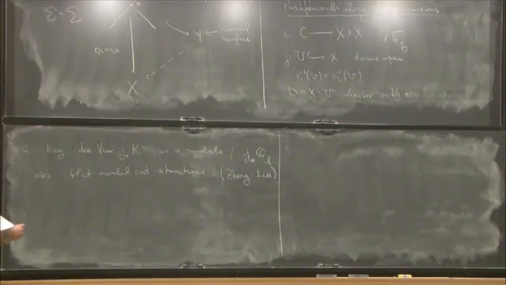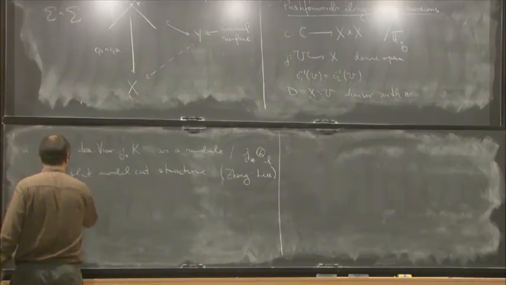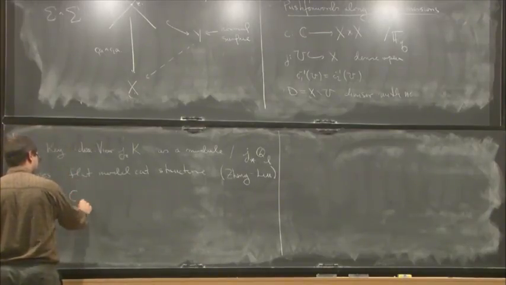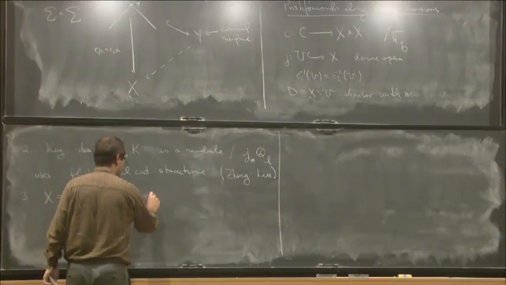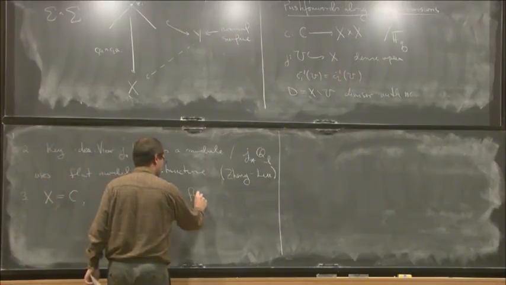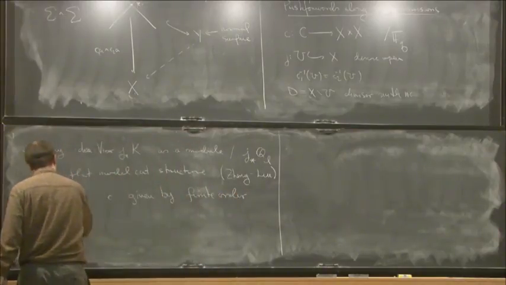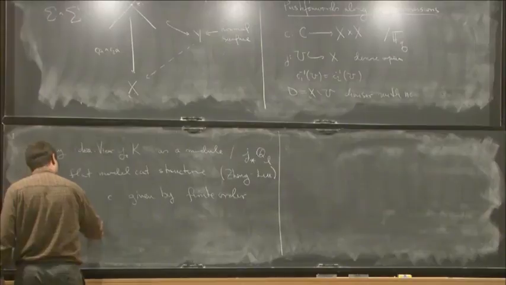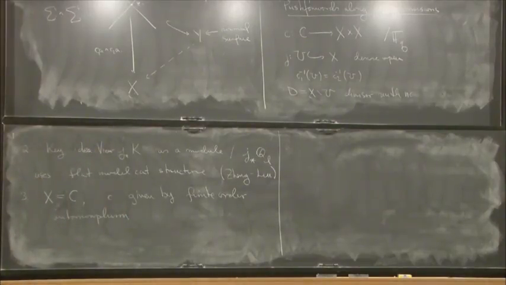So yeah, let me make some other remark. In the case when X equals C, and C is given by a finite order automorphism, in this case you can do this directly using Laforgue.